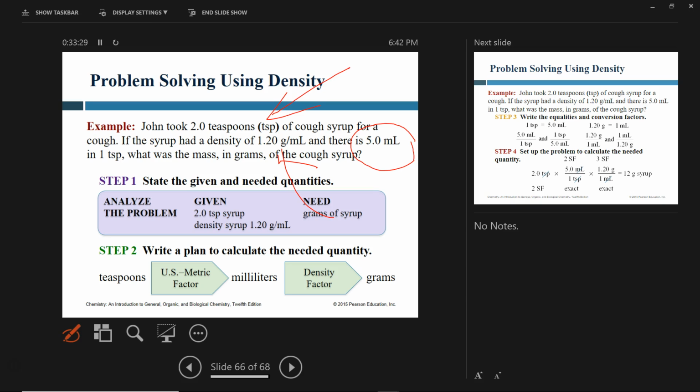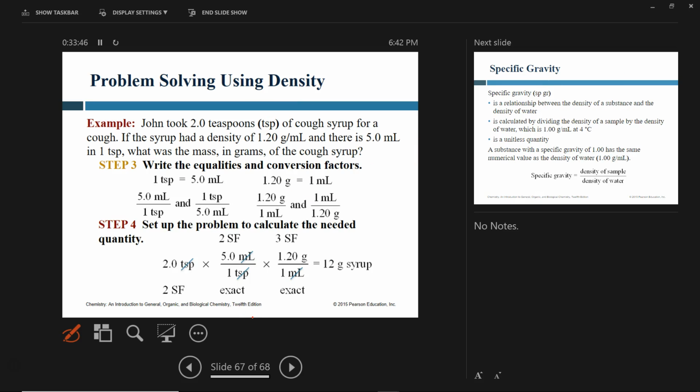Okay? So now we need to calculate how many grams were taken. So first, we need to convert teaspoon to milliliters, and then milliliters to grams. So this is how we do it. Teaspoons to mils.